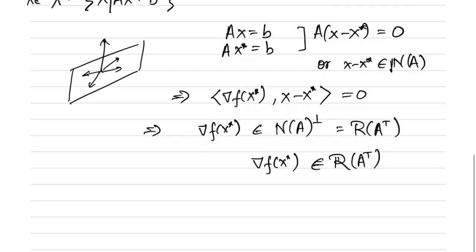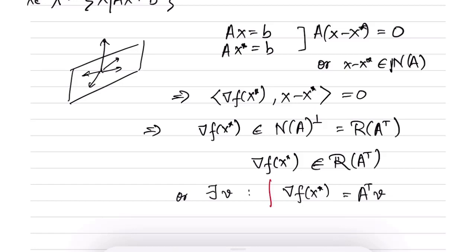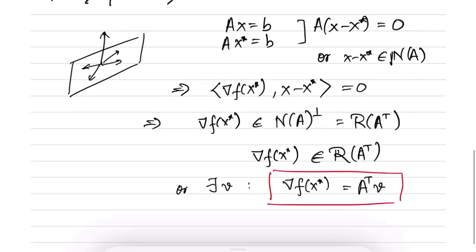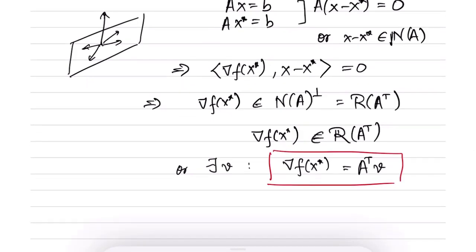Or you could say that there exists v such that gradient f of x star is equal to A transpose v, right? So this is the optimality condition whenever there is an affine constraint. Whenever x is restricted to affine, the optimality condition is that there exists v such that gradient f of x star is equal to A transpose v.